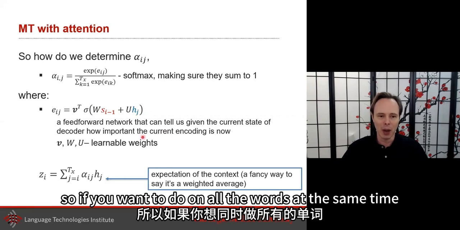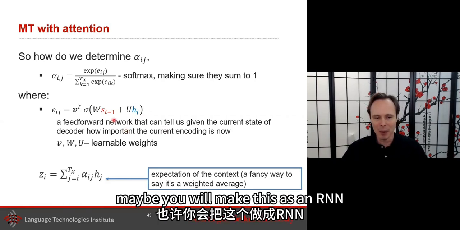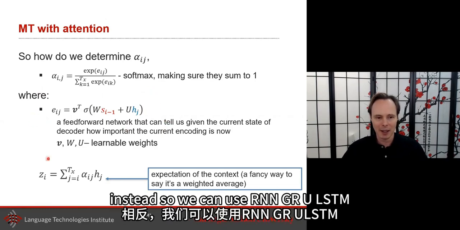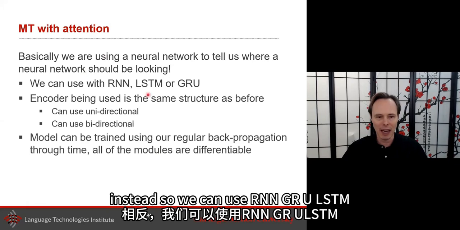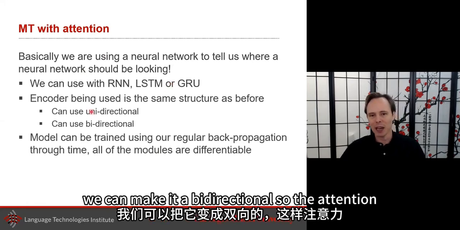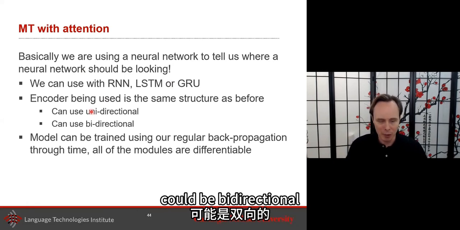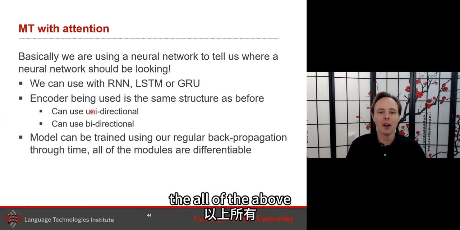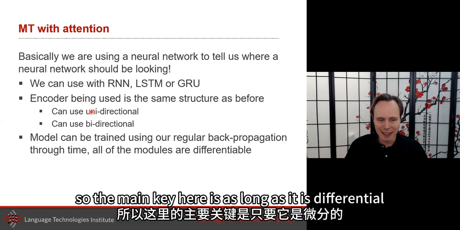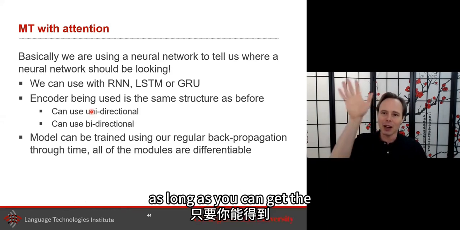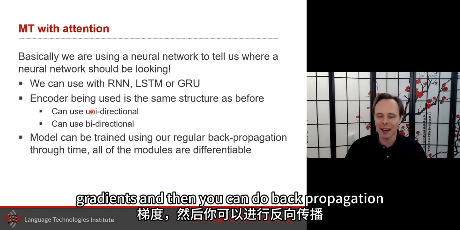So if you want to do it on all the words at the same time, maybe you will make this an RNN instead. So we can use RNN, GRU, LSTM. We can make it bidirectional, so the attention could be bidirectional. All of the above. So the main key here is, as long as it is differentiable, as long as you can get the gradient, and then you can do backpropagation.